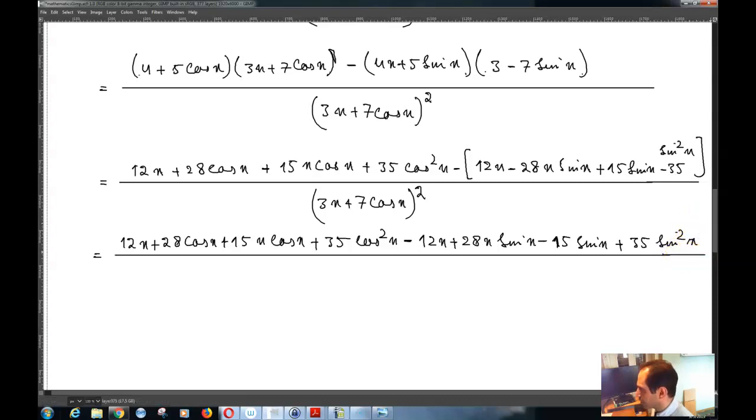And then in the denominator you have 3x plus 7 times cos x whole squared.